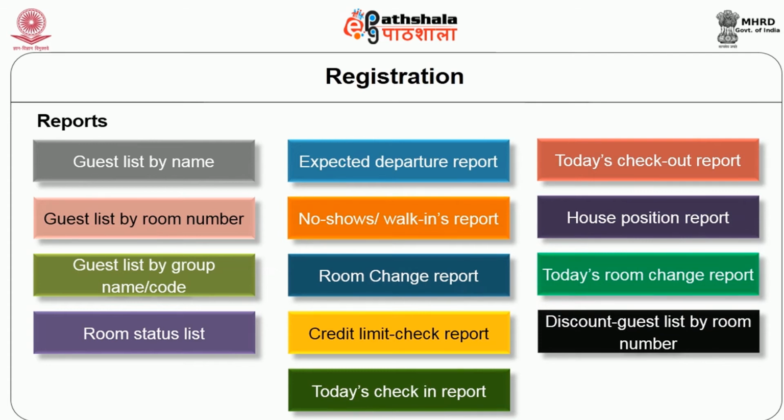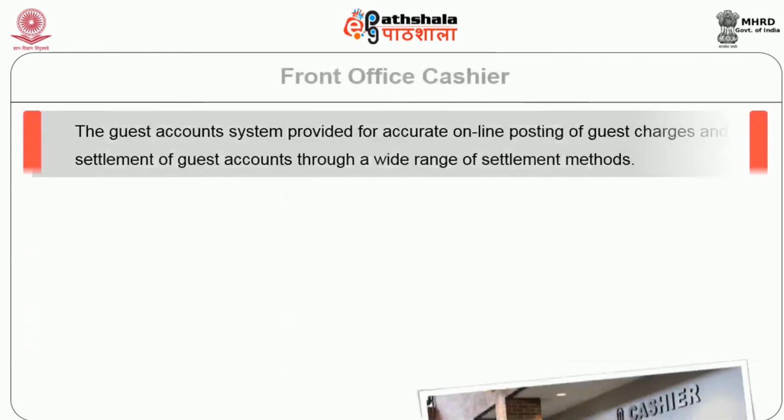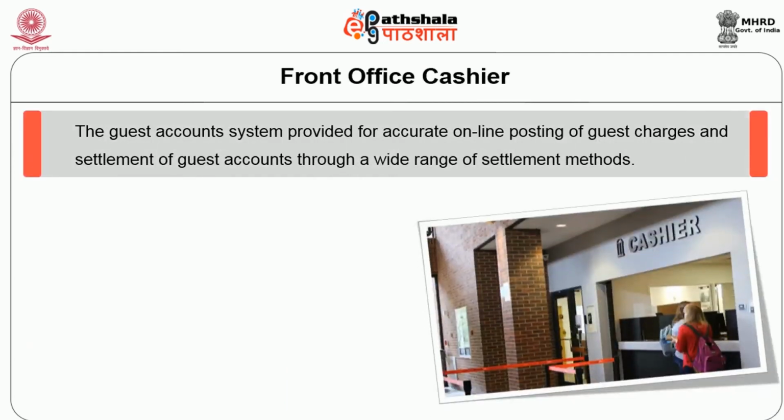Next is discount guest list by room number. If a particular guest or group has been given any discount, those details are recorded with their name and room number. Everything is given in this discount guest list by room number report.